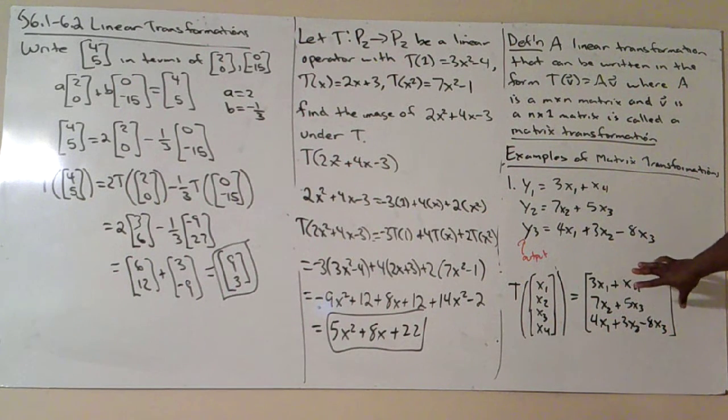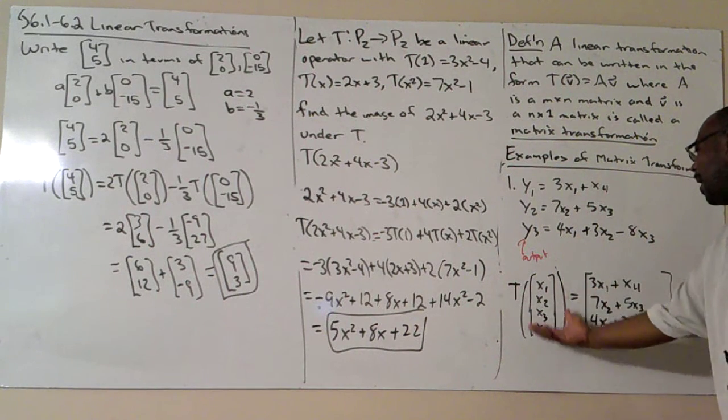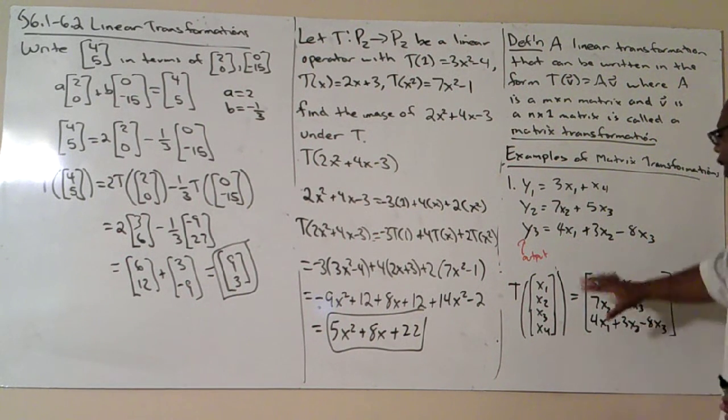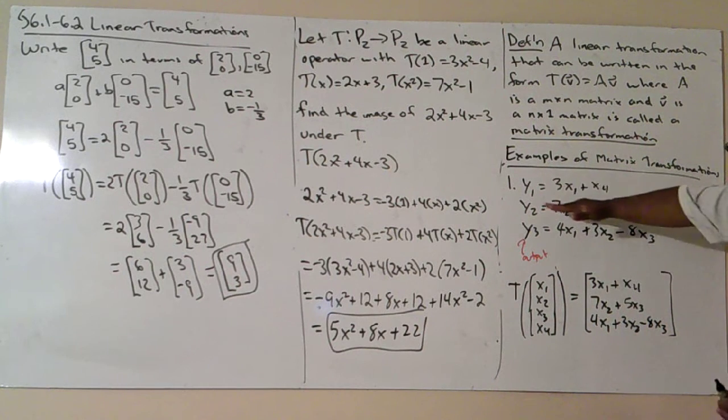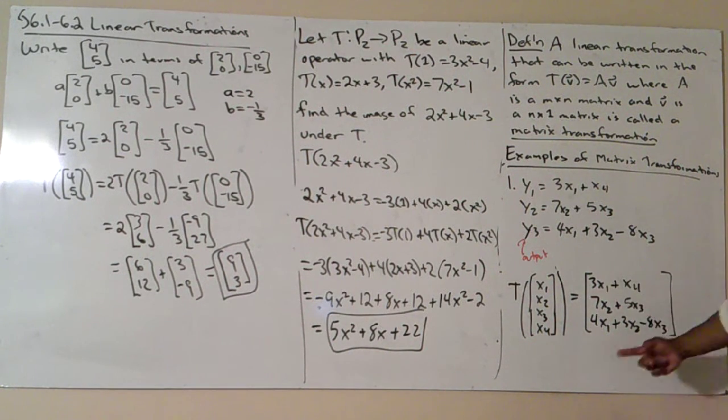This is what we've already dealt with before. I just wanted to show you that this is how my T is. So this is T of my input x1, x2, x3, and I have output, which is going to be 3 rows: y1, y2, y3.